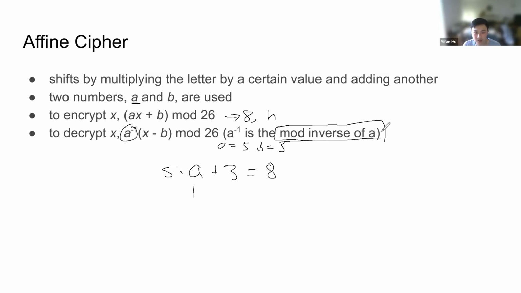You just get the mod inverse of A, which means that A times this mod inverse, when you mod 26, is equal to 1. So once you do this, you just multiply it and then you subtract, and you'll get from H to your letter A.